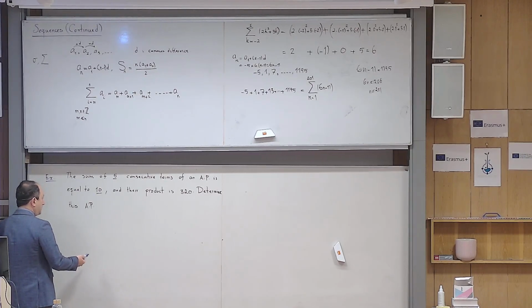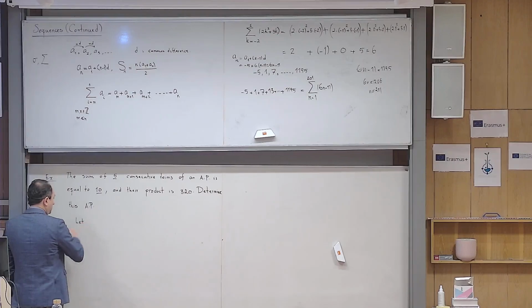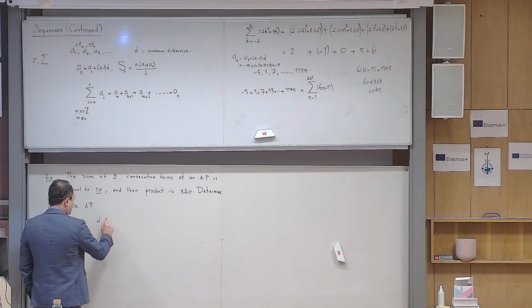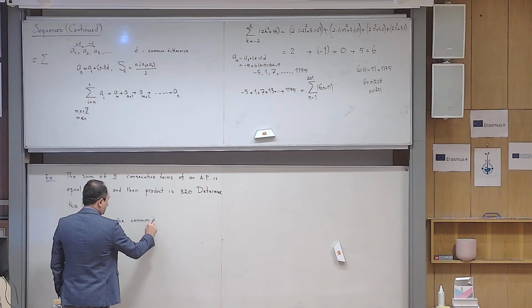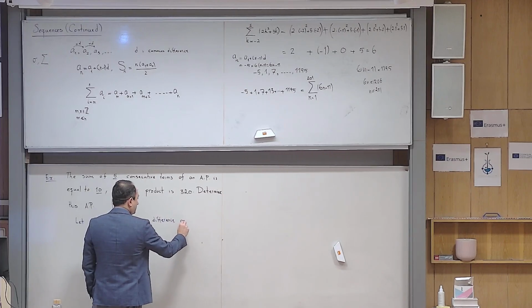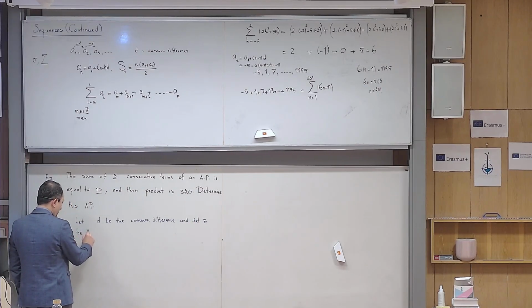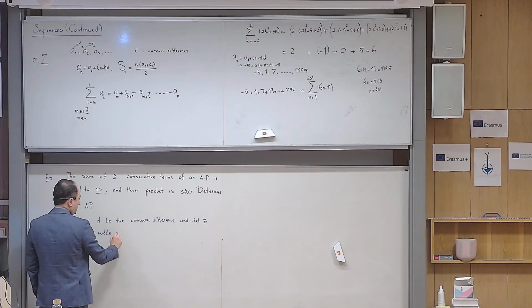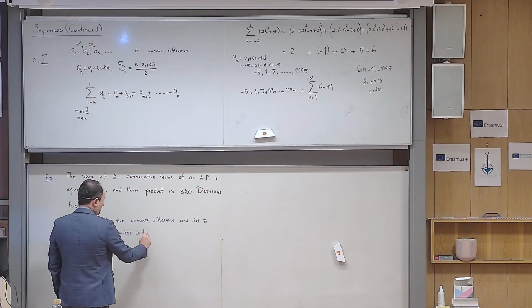I don't know anything about these numbers, and I don't know anything about the common difference, but I would say let D be the common difference, yes, and let X be the middle term, the middle number in this list. So let us try to talk a little bit about that.